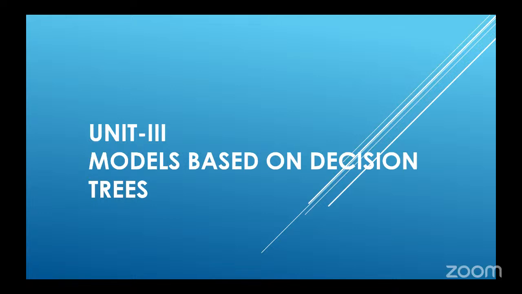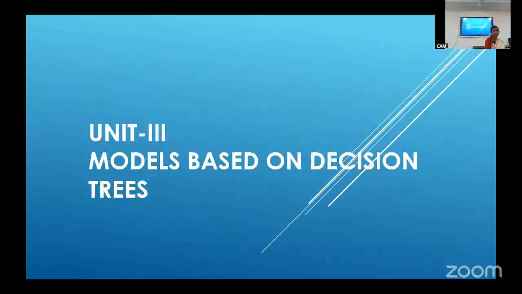Okay, in decision trees we are going to use one algorithm. What is that algorithm? What is the KIET algorithm? It is a combination of two algorithms. What are those two algorithms?